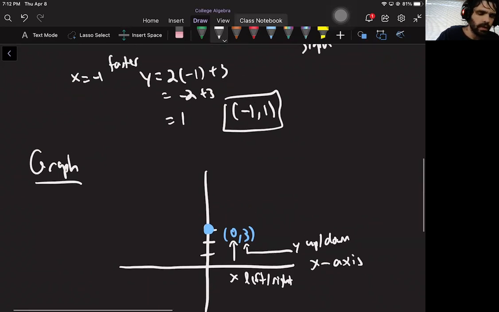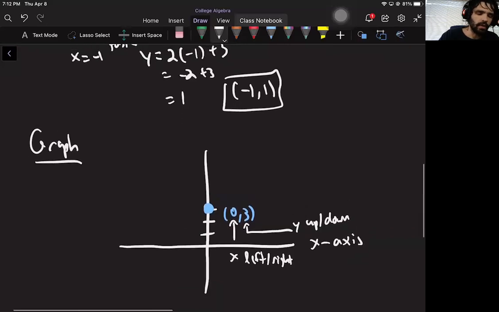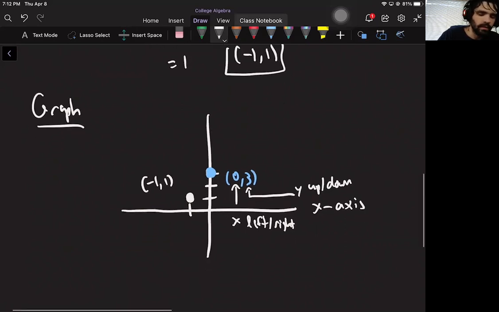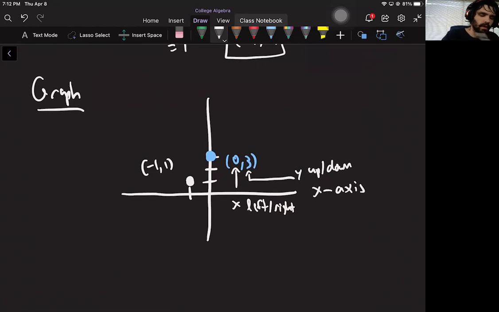So then the other point we got was -1, 1. So that means I have to go left 1 and then up 1. And that takes me to -1, 1. So these are 2 points on the graph. But what about all the other points? Well, it turns out for a linear function, things work out very nicely.